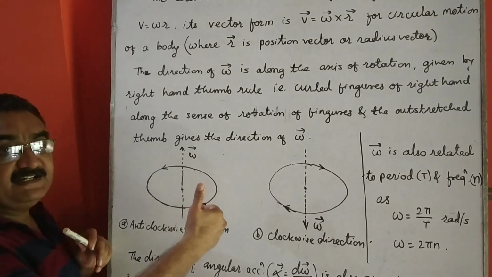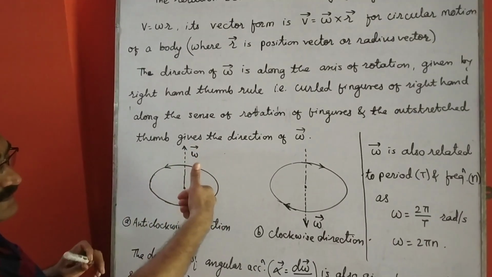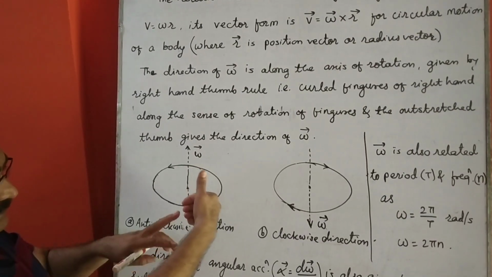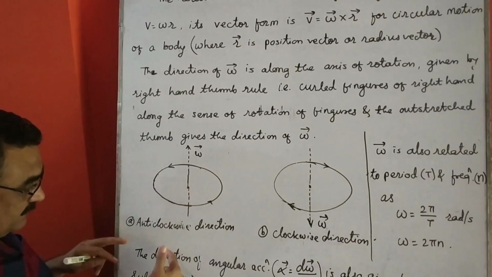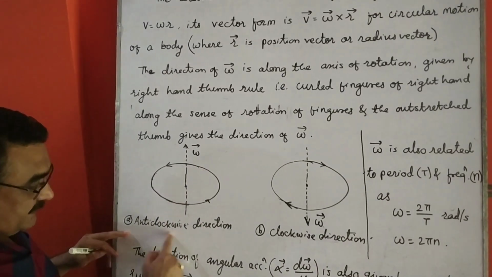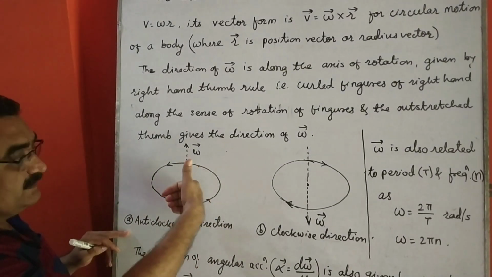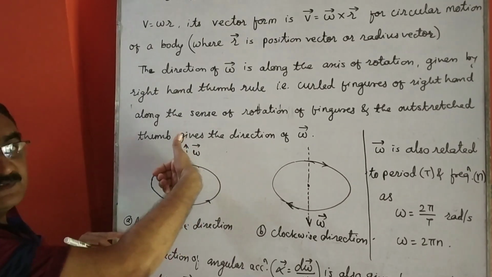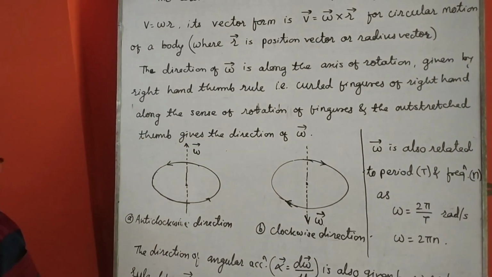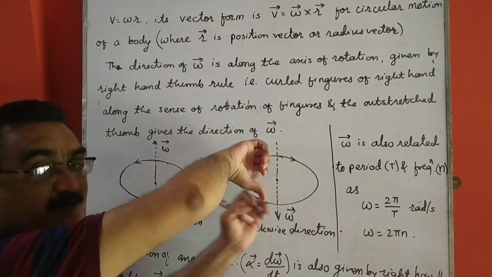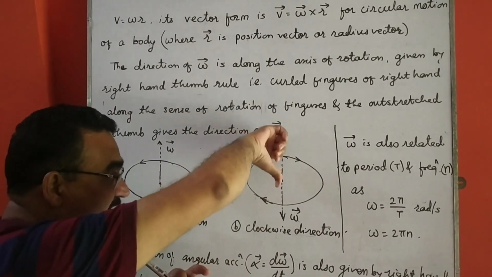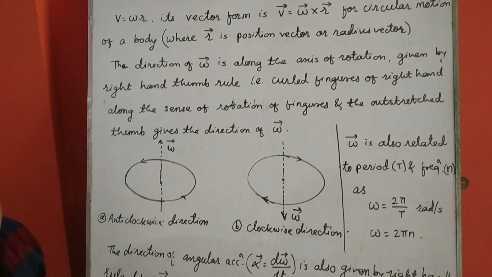If we hold our right hand like this, the curled fingers give the direction of circular motion when the body is moving in the anti-clockwise direction. Then the outstretched thumb gives the direction of ω. If the direction is reversed, that is clockwise, then ω is directed downward.